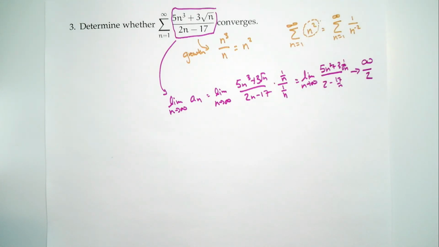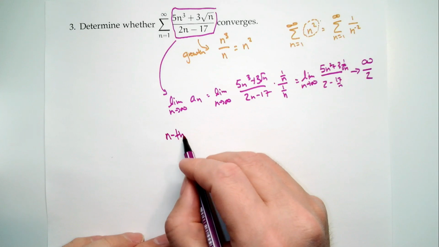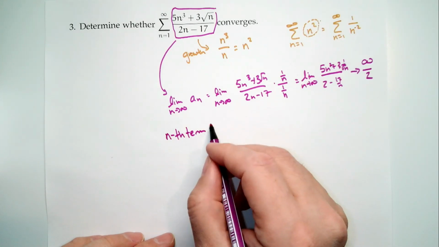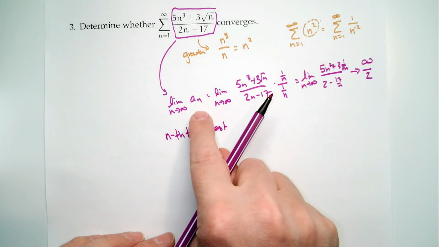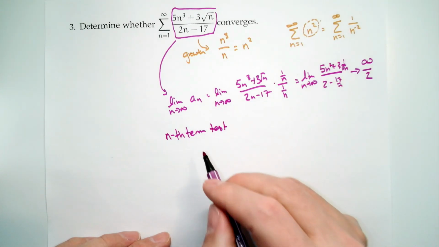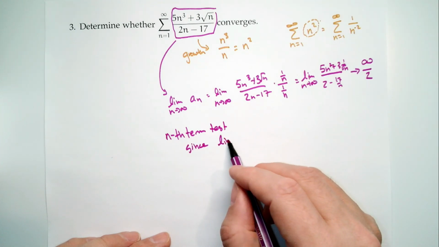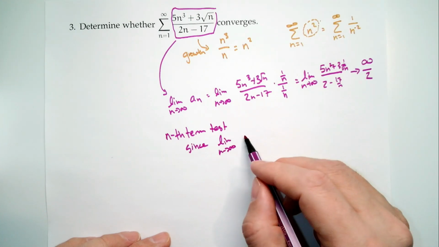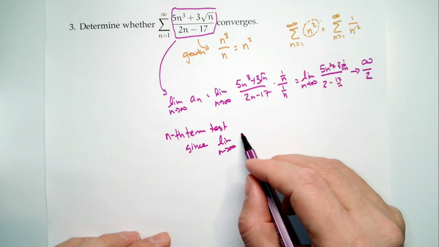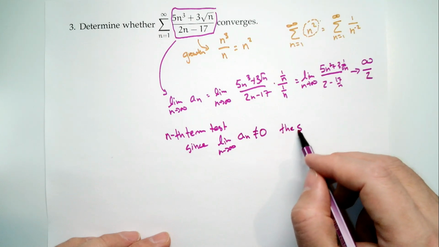So what does that say about our series? It's the nth term test. The limit of the nth term goes off to arbitrarily big. And since, true fact, infinity and 0 are not the same, the sum has to diverge.